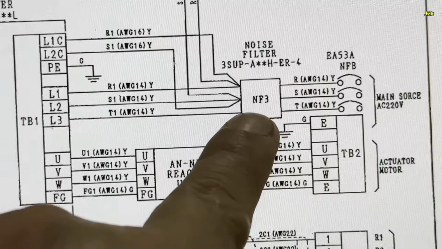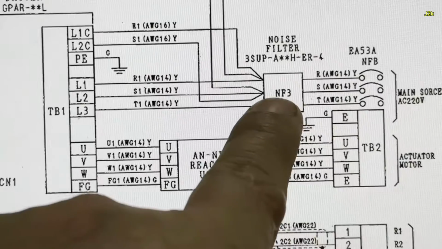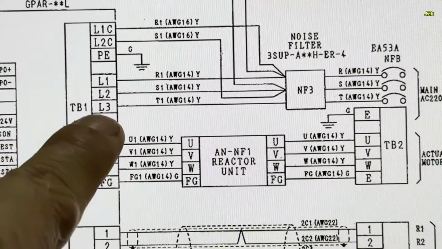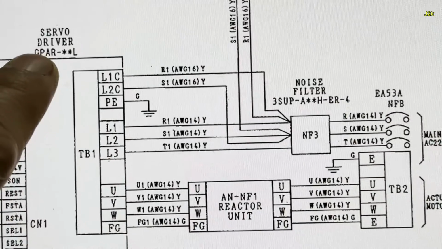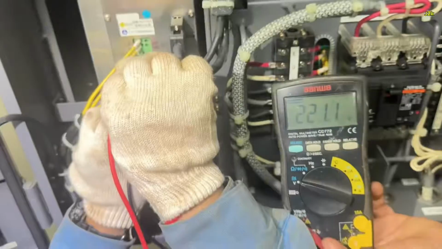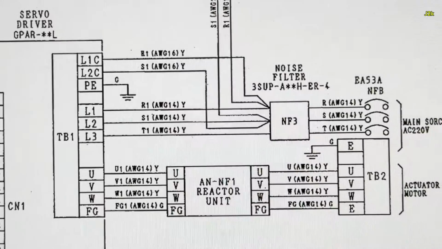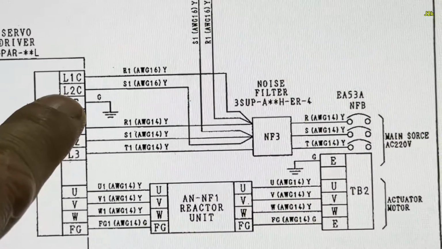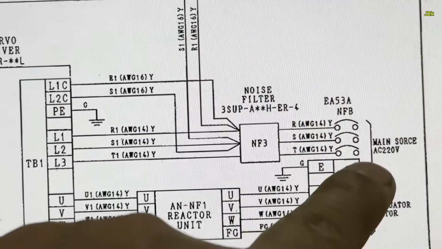Next is NF3. And next F3 going to L1, L2, L3 of the servo driver unit. Okay, confirmed. And L1C, L2C also have 220 volts.